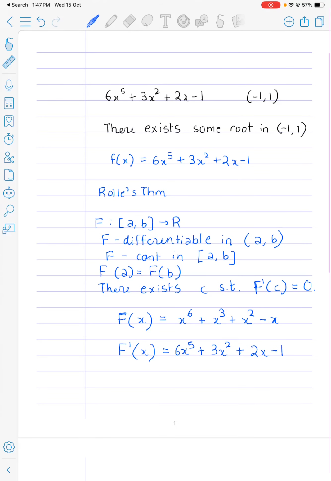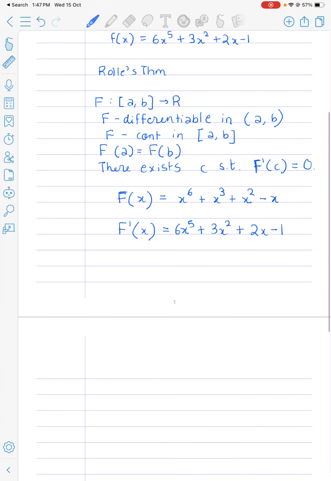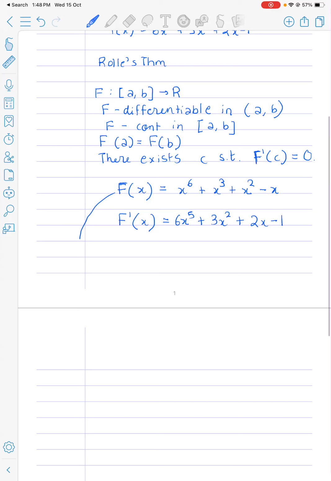You check this. And also this one is differentiable in -1 to 1. And it is also continuous because this is a polynomial. Polynomials are continuous, and it is also differentiable, so we can use Rolle's theorem here. You check that F(-1) is equal to what?